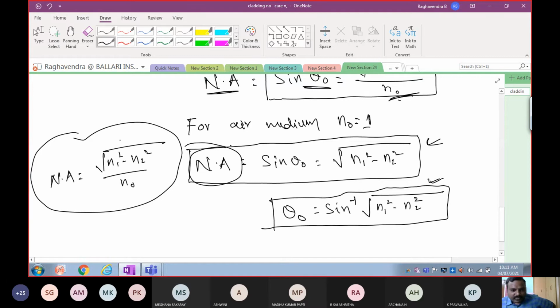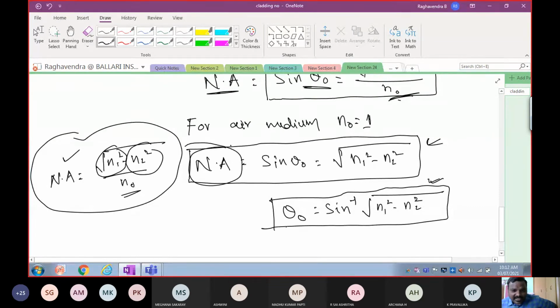Sir. You see here, the numerical aperture completely depends upon the refractive index of the core. It also depends upon the refractive index of the cladding. It also depends upon the refractive index of the surrounding medium.